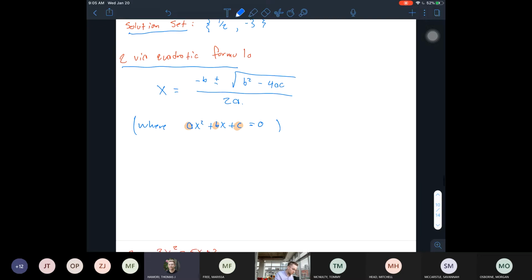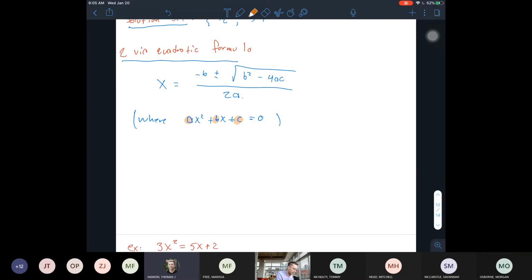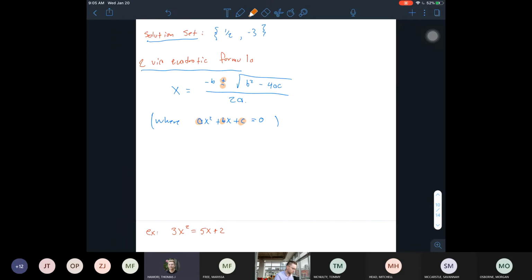It's going to give us two answers. The first answer will be negative b plus the square root of b squared minus 4ac all over 2a, and the second answer will be negative b minus the square root of b squared minus 4ac all over 2a. Okay, so that's the quadratic formula.